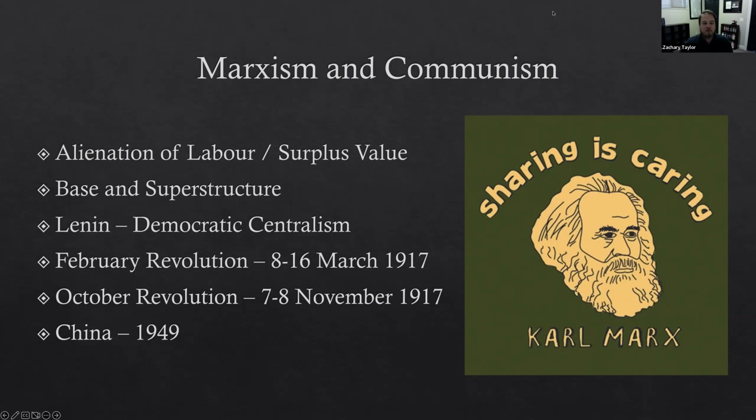So if you want to fix this system, you have to separate the base system, the production of labor, from the superstructure, the governments, the religious organizations, the people that are in this system to reinforce this system.